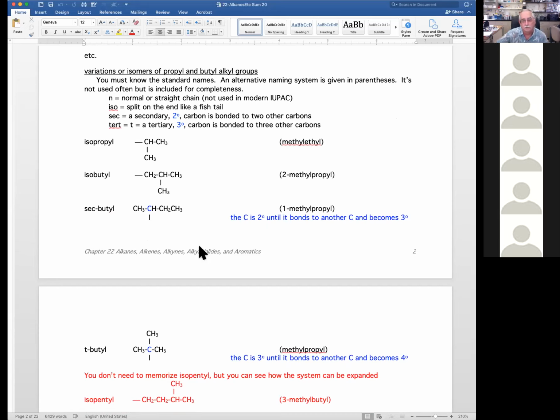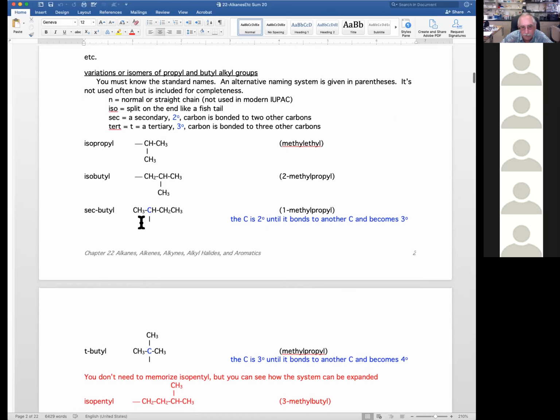So what about when you get to butane? Now there's more possibilities. So with propyl, there's simply N-propyl and isopropyl. That's all there is. But if you get to 4 in a row, 4 total, I should say, then you have split on the end, which would be isobutyl. This is called sec-butyl. The reason it's called sec-butyl is because that carbon in blue right there is a secondary carbon, meaning that it's bonded to 1, 2 other carbons.